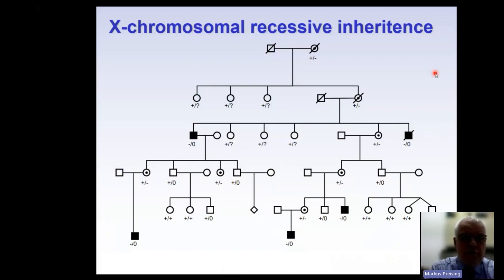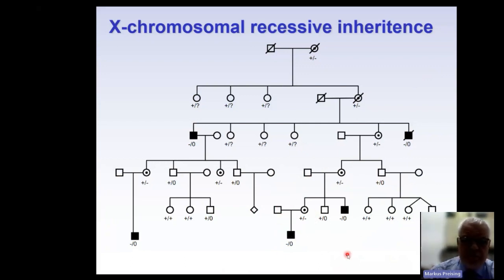So let's talk a bit about inheritance in choroideremia. Choroideremia is an X-linked chromosomal inherited disorder. Here is an unusual large pedigree of choroideremia patients, as most of you experience. The families that will be reported to you are much smaller, usually of the size grandparents, parents, and some children.